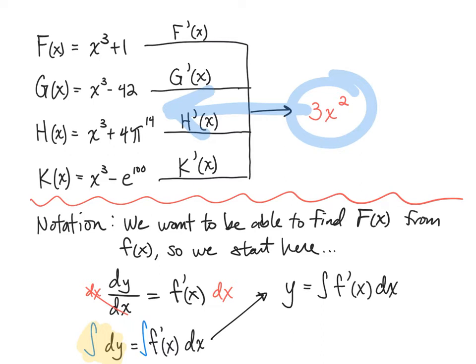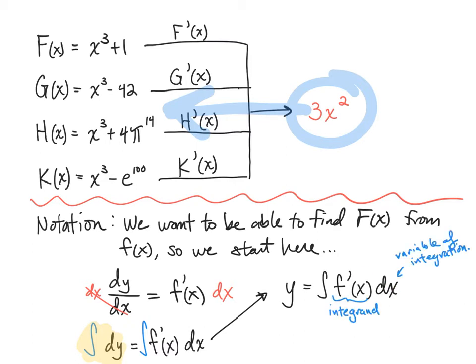What we're getting at here is this was the derivative of y, dy with respect to x. We can undo the derivative by using this notation. We say finding the antiderivative of f prime of x with respect to x.